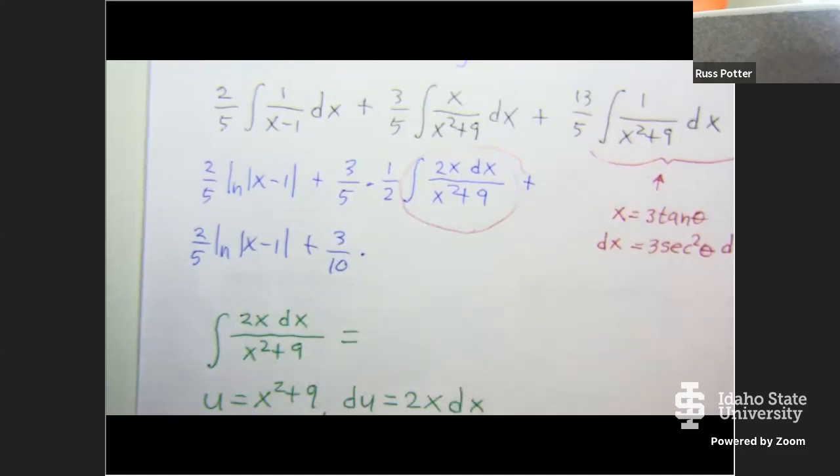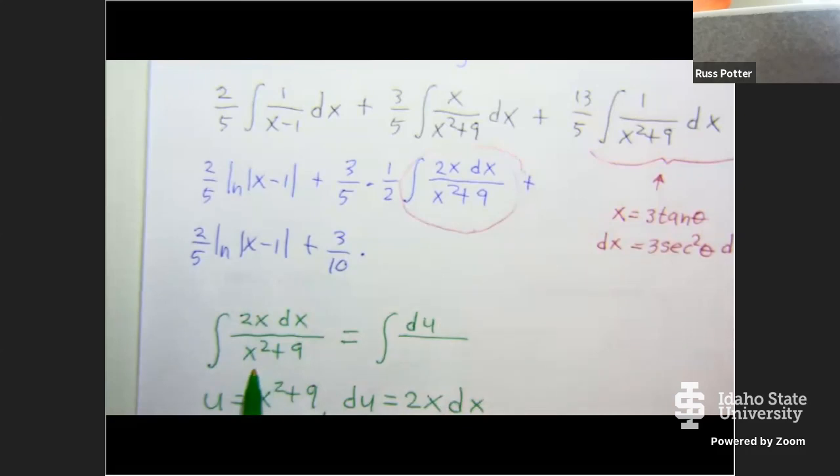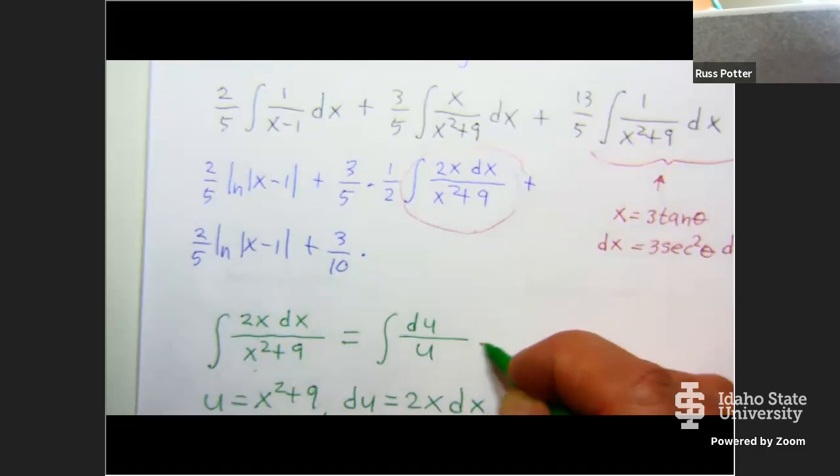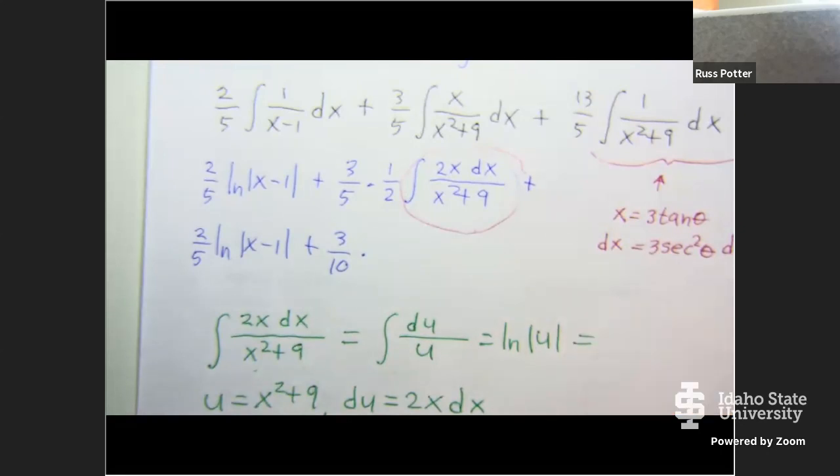And then we substitute: 2x dx is du. In the denominator, x squared plus 9, that's u. And the indefinite integral of du over u is the natural log of the absolute value of u. And then we put u back, x squared plus 9.